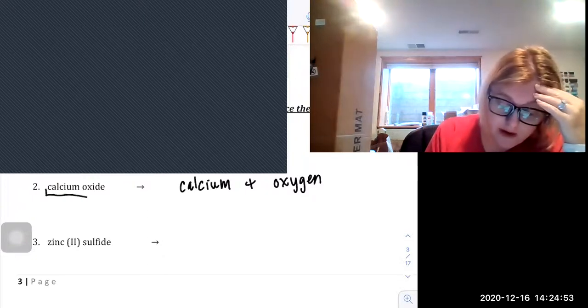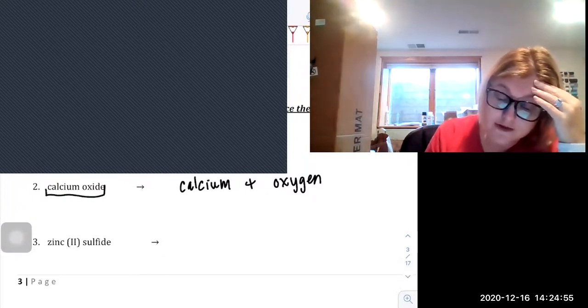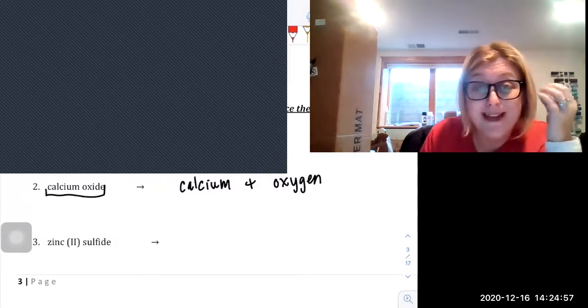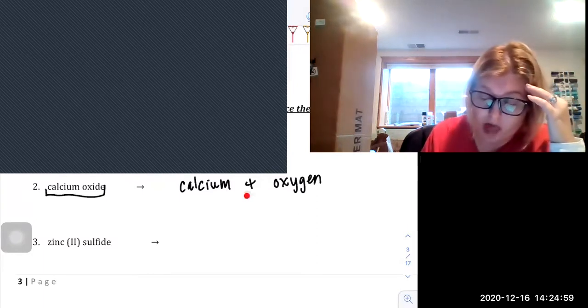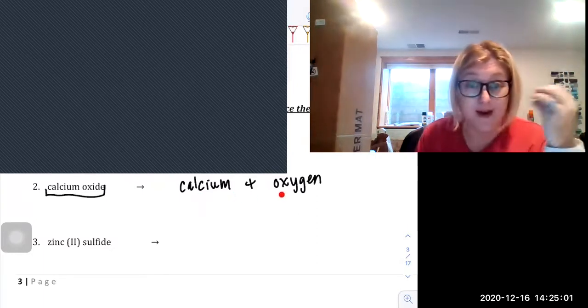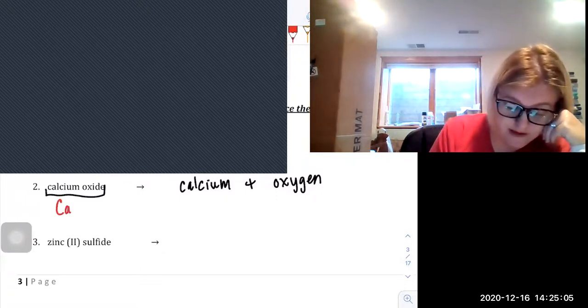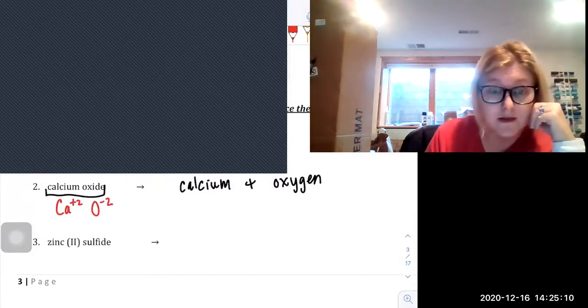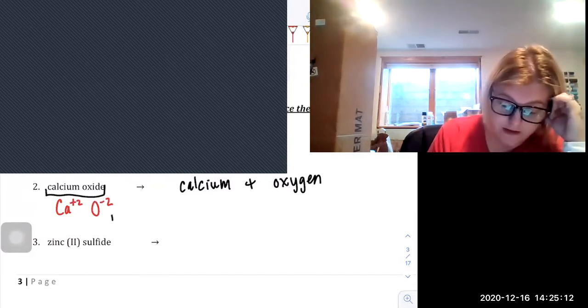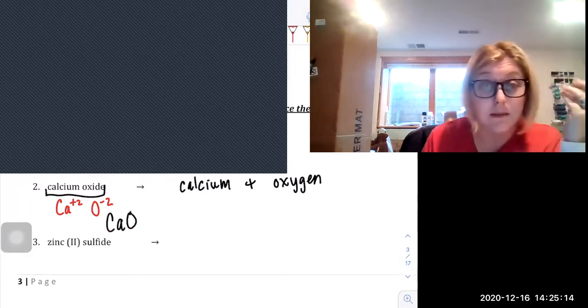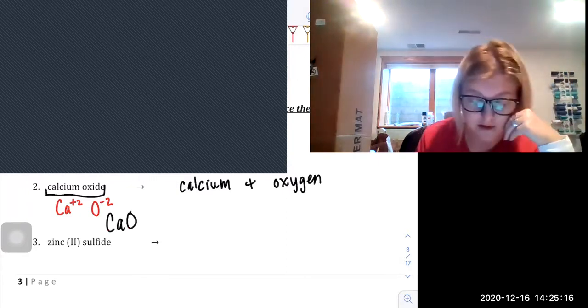But remember, when you have a compound, you have to crisscross charges. When there's no plus sign to separate the 2 elements, you have to crisscross. So calcium is Ca with a +2. Oxygen is O with a -2. So my formula now is going to be CaO because the +2 cancels with the -2.